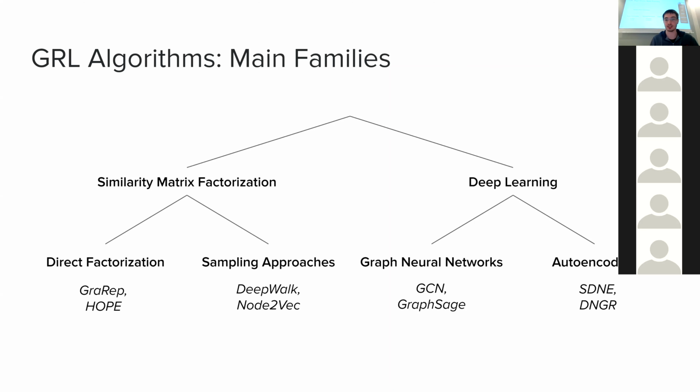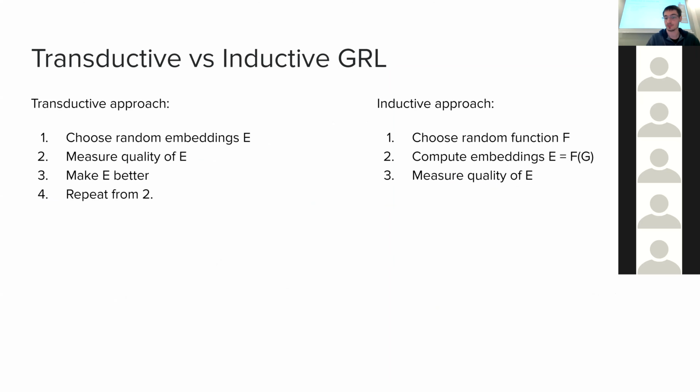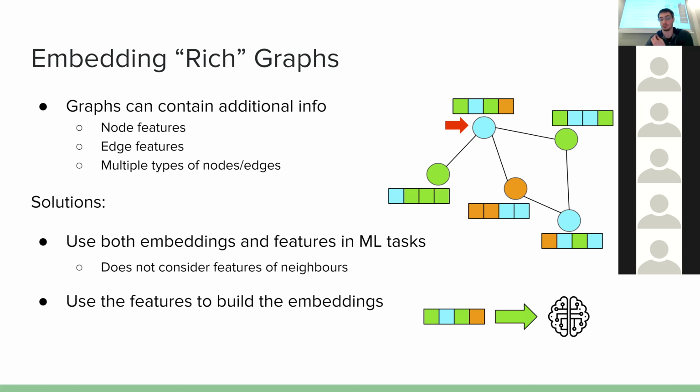So yes, when you are dealing with graphs that have features, graph neural networks are one of the most advanced techniques that you can use to consider at the same time both the features and the topology and produce embeddings that use both these things to produce the output. So graph neural networks are typically inductive systems for semi-supervised learning on graphs that are enriched by features, though you can apply them to other situations as well. But yeah, they are one of the main approaches when you're dealing with features.